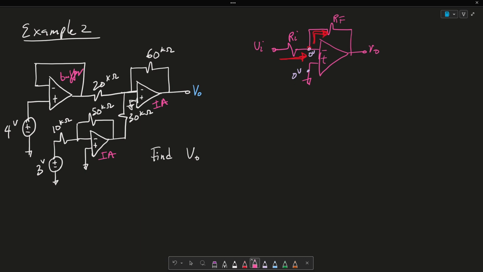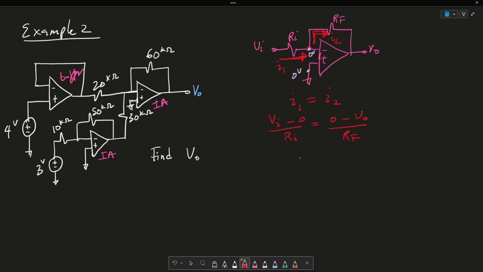So, right, you could write an equation, Kirchhoff's current law. If I call this I1 and I2, I1 has to equal I2. All right, and I1 says VI minus 0 over RI has to equal 0 minus V out over RF.